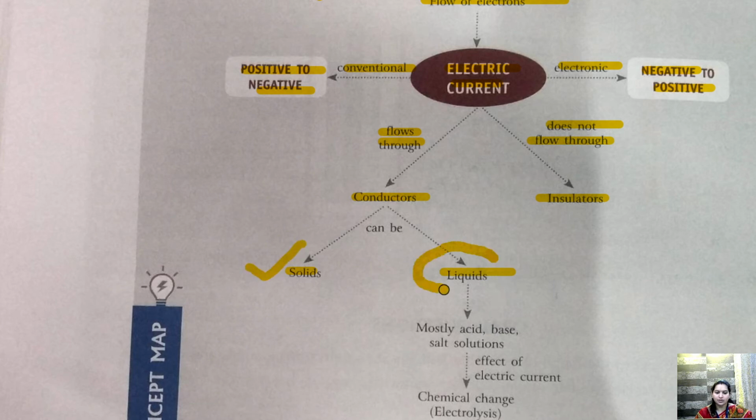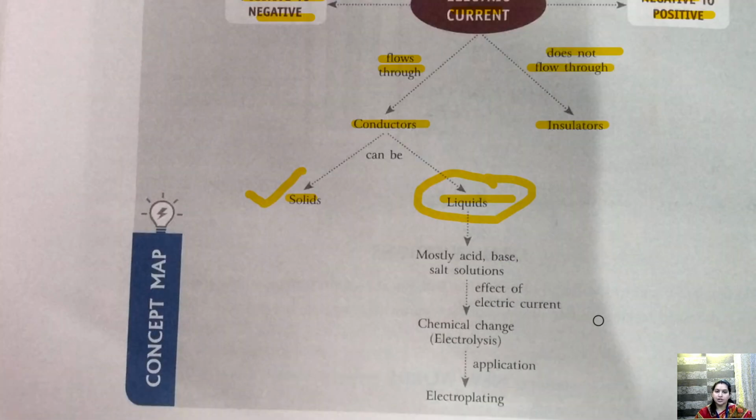Now here we were talking about liquids. So the liquid needs to be an acid, base or salt. If it is distilled water or pure water, it will not conduct electricity. Why will it not conduct electricity? Because it does not have any impurity, any ions, any acid, any base, anything. Okay.